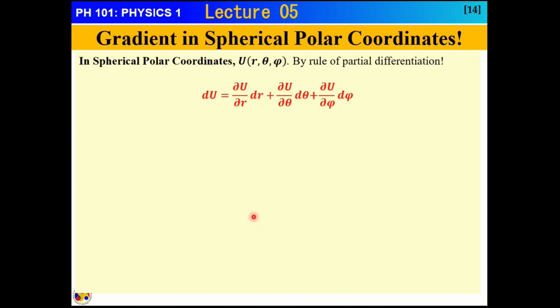Again, I'm going to follow the same procedure. The total change in the potential energy is given as del u by del r dr plus del u by del theta d theta plus del u by del phi d phi.